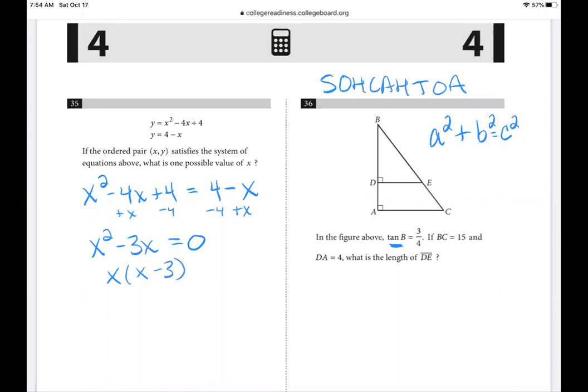I factor out a factor of x. Then what makes each of these factors equal to 0? It would either be 0 itself or positive 3. So we have those two answers. And if you were to graph this, right, you would get a parabola for your quadratic and you would get a straight line for the second equation. And you would just look for the points of intersection, which would be x values of 0 and 3.